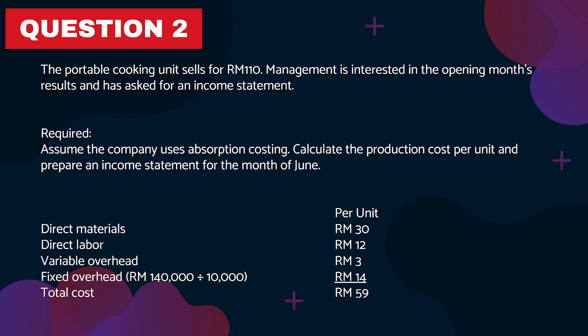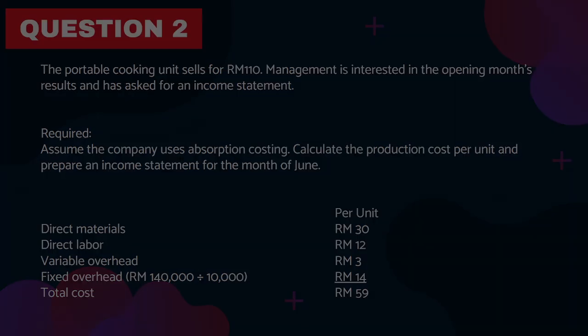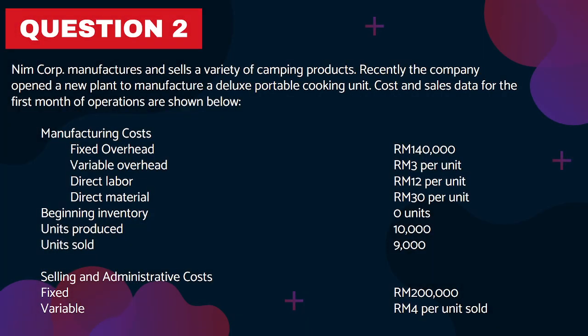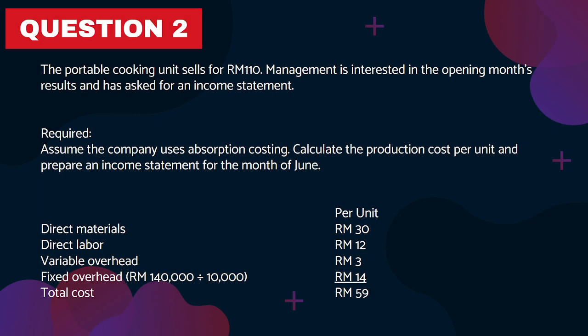So we need to calculate the fixed overhead per unit, by taking the total fixed overhead of 140,000 divided by total units produced of 10,000, and we should get 14. So we sum up all the costs, and the total production cost per unit should be RM59.